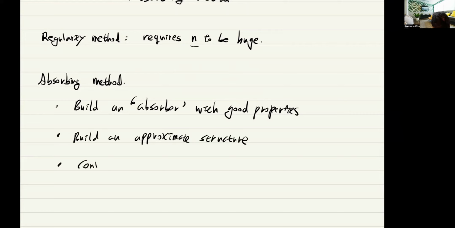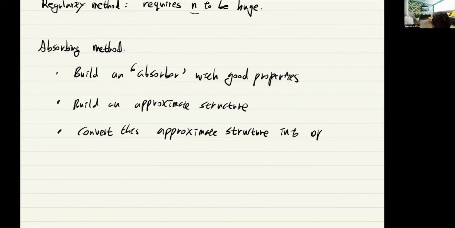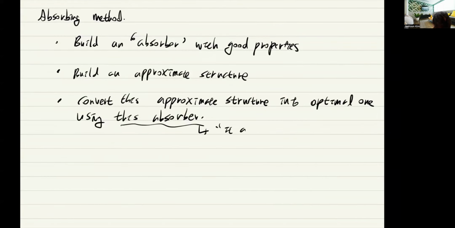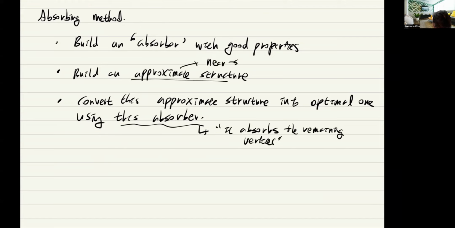Then we convert this approximate structure into an optimal one using this absorber. The name absorber is because it absorbs the remaining vertices. So the approximate structure you can consider as near spanning.